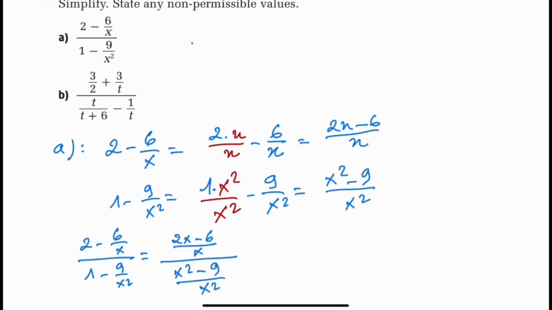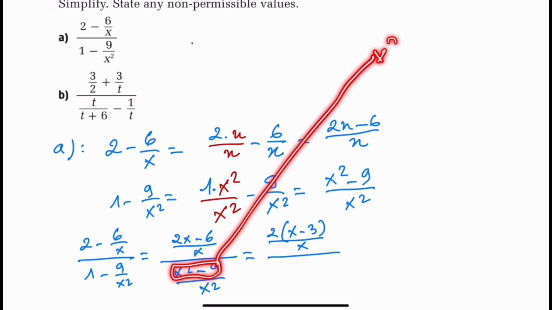Okay, which is 2 times x minus 3 divided by x, everything divided by, I know that this part is the same as x squared minus 3 squared, which is equal to x minus 3 times x plus 3.